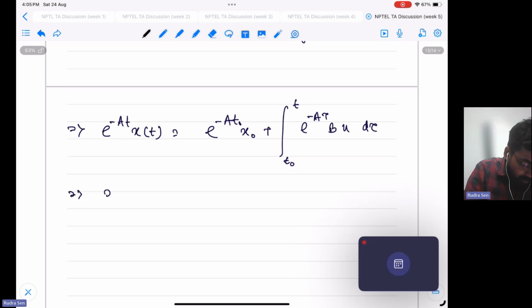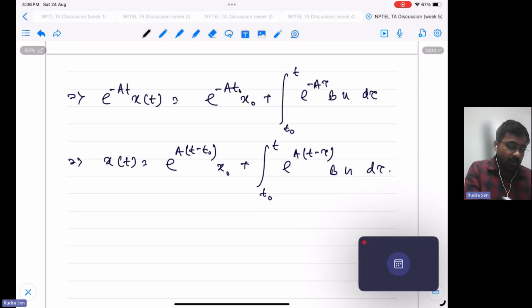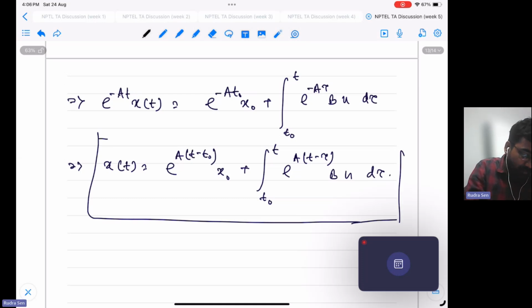Then I have to take common: x of t equals e to the power A(t minus t0) x0 plus the integral from t0 to t of e to the power A(t minus tau) Bu d tau. So this is basically for the forced system case.